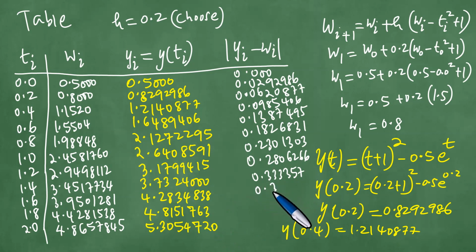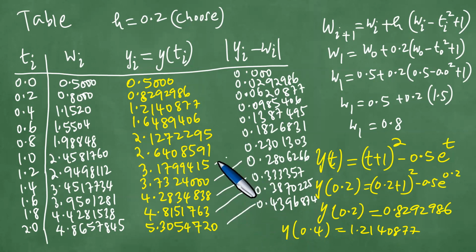So 0.38, 70, 225, and then you have 0.43, 96, 874. Right, so yeah, this one matches with this. They're in that order. They are exactly in that order, like so.